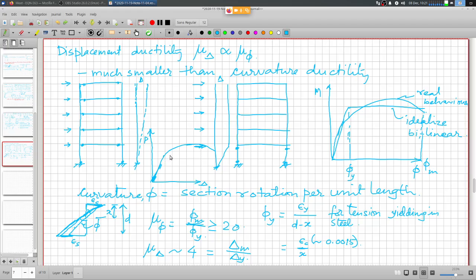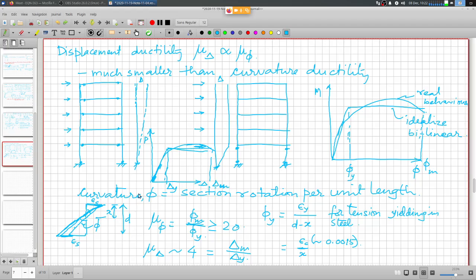So, ultimate displacement, maximum displacement, and again something similar idealization that you do. Yield displacement at the first yield. And this is for the structural level.